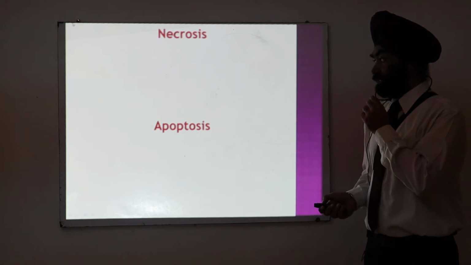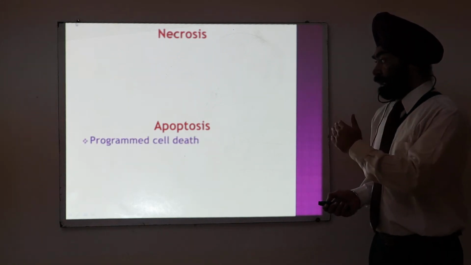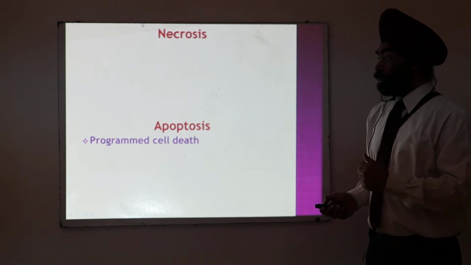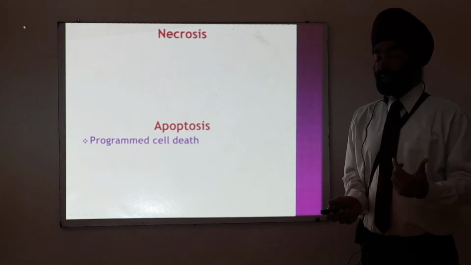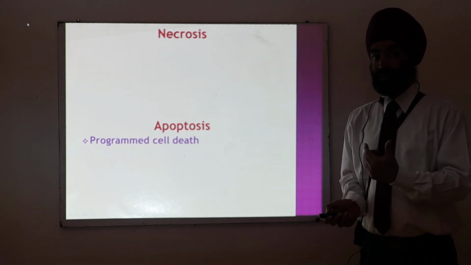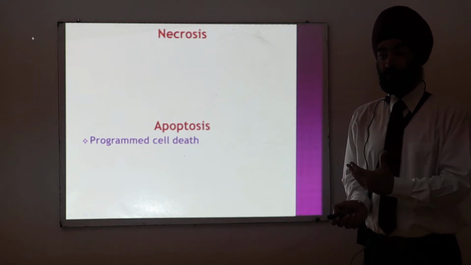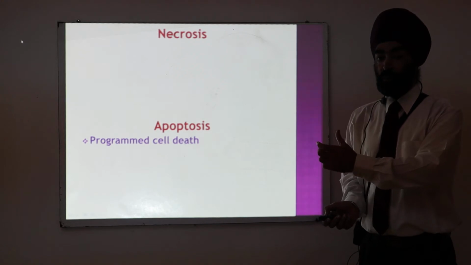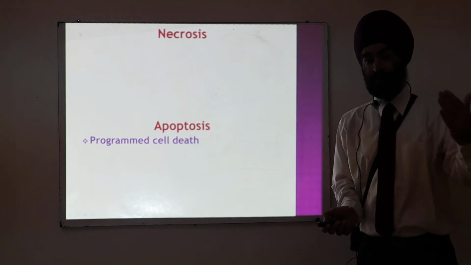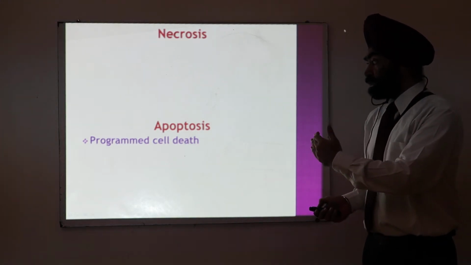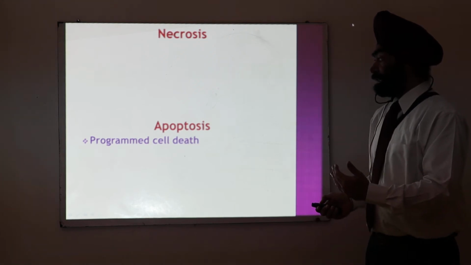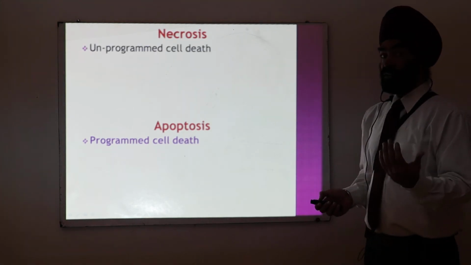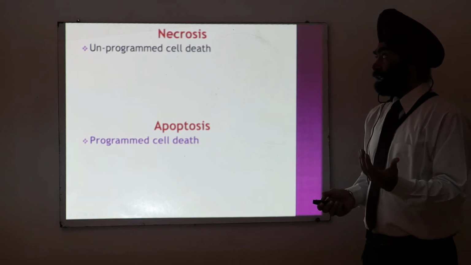What are those differences? Number one, I'm starting with apoptosis. The key line of apoptosis is that it is a programmed cell death. Programmed means you have programmed something: this thing will happen, then this thing will happen, and those steps happen in this way. But necrosis can happen at any time, in any manner.